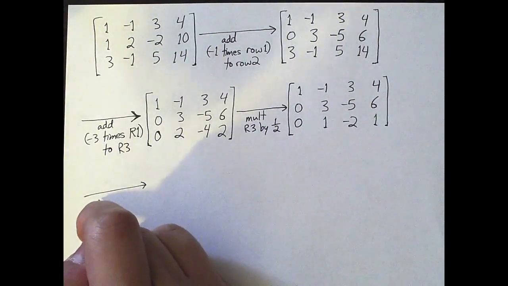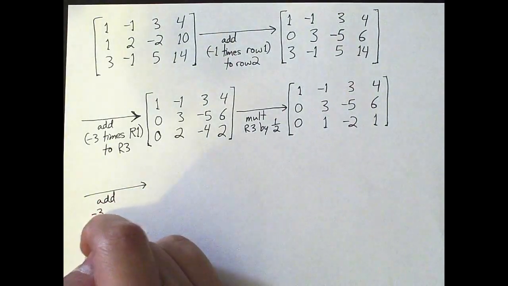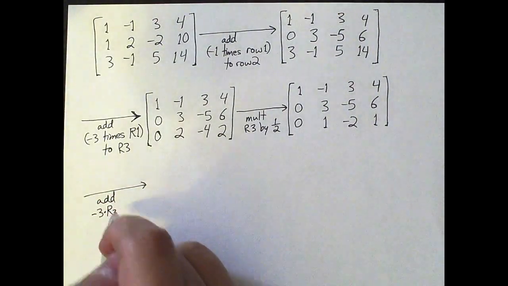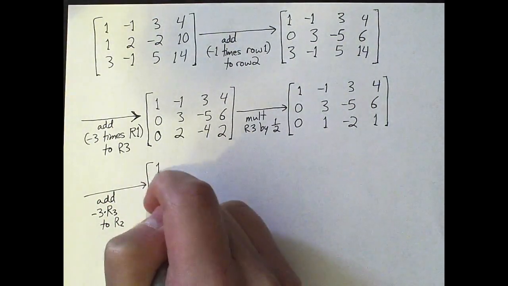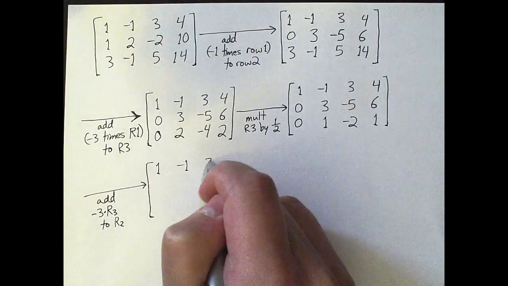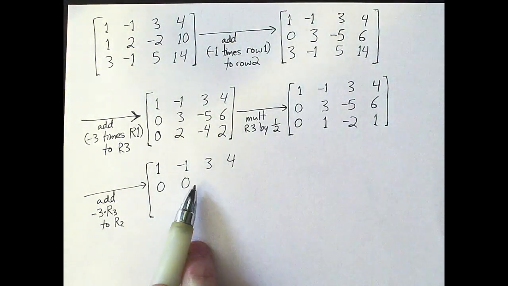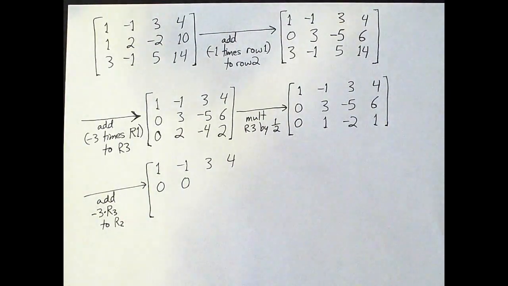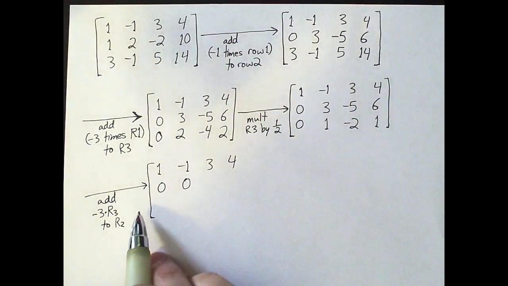And to do that, I'm going to add negative 3 times row 3 to row 2. Either way would work. But if I knock out this 3 instead, it feels easier to me. Maybe it's just a matter of preference.